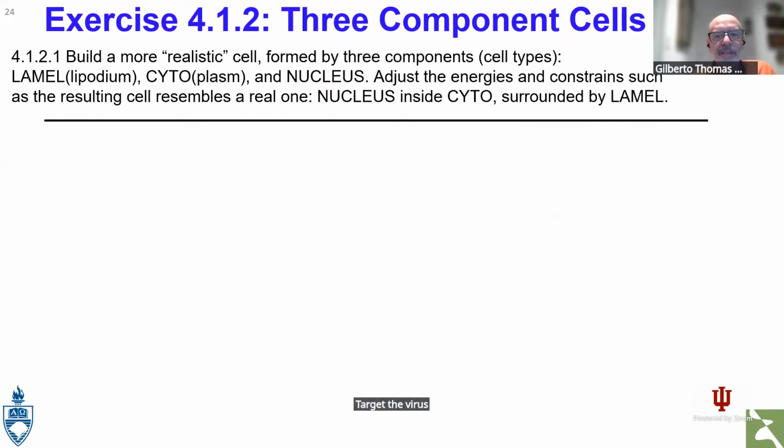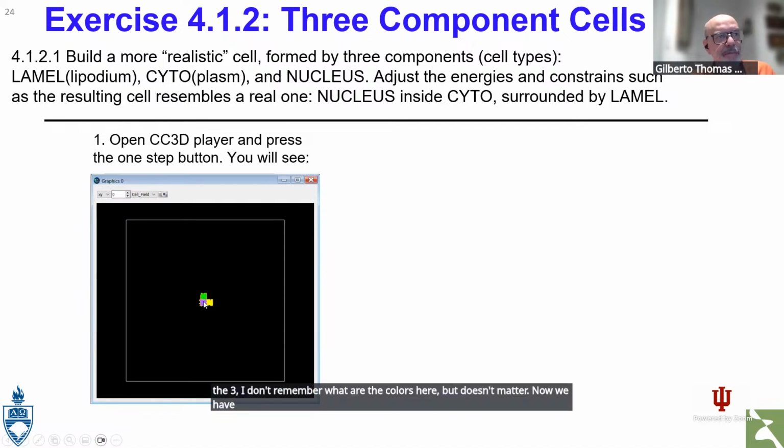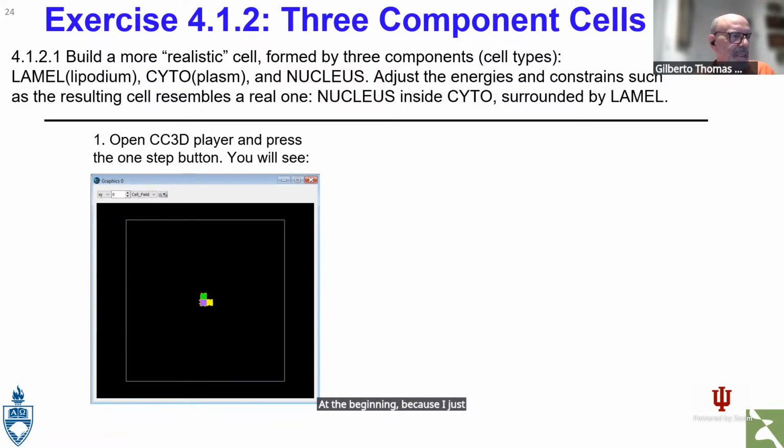Now you can run it. Give it one step, so you have this image on your graphics window. We have at the beginning, because I just gave it one step of Monte Carlo, they do not reach the target volume yet, so they are always equal squares.